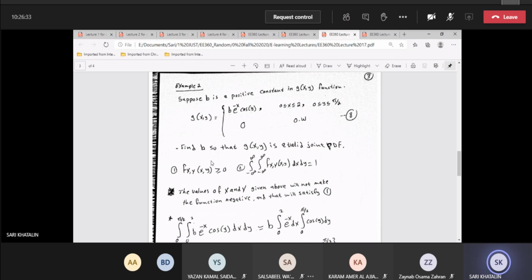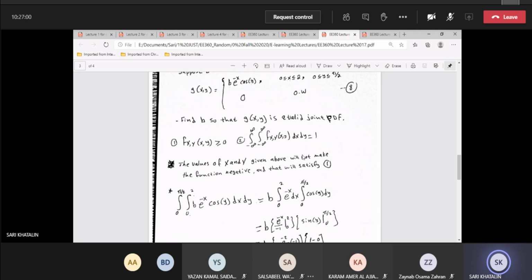So this property is satisfied. This function is larger than or equal to 0. It can be 0 because cosine of pi over 2 will be 0, so the whole thing will be 0.